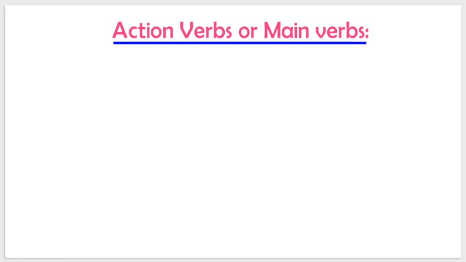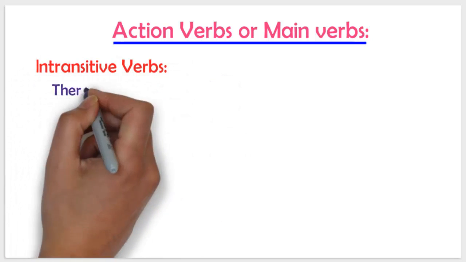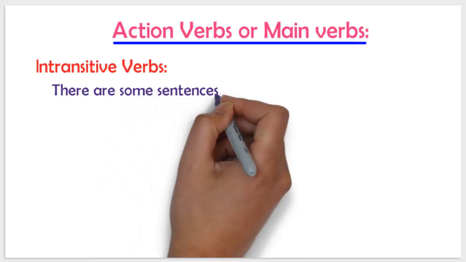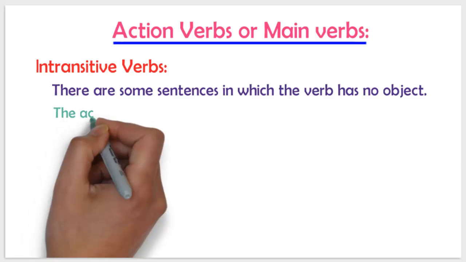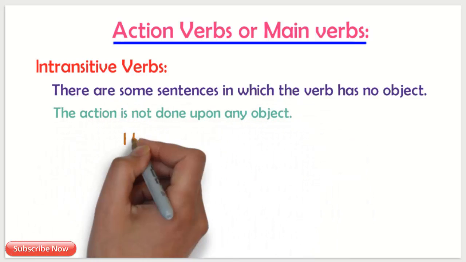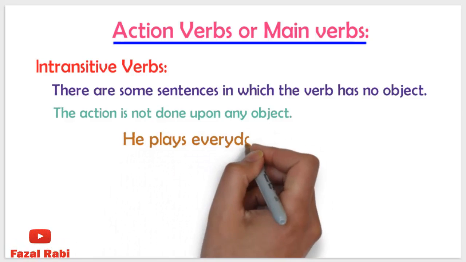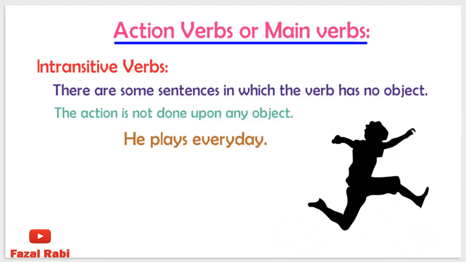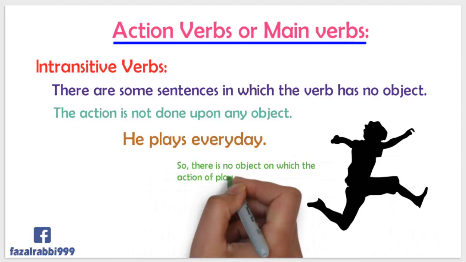Now, what are intransitive verbs? There are also sentences in which the verb does not have any object. The action is not done upon any object. For example, he plays every day. So, there is no object on which the action of playing is being done.